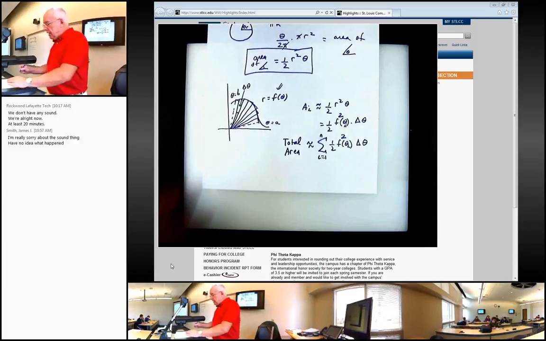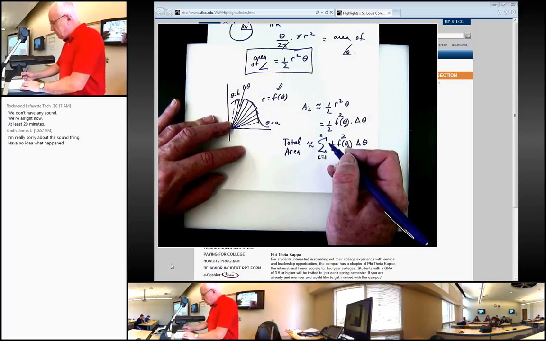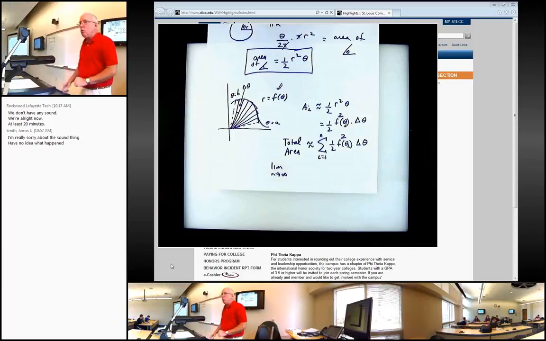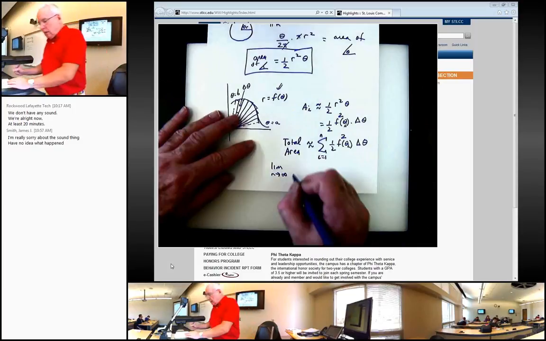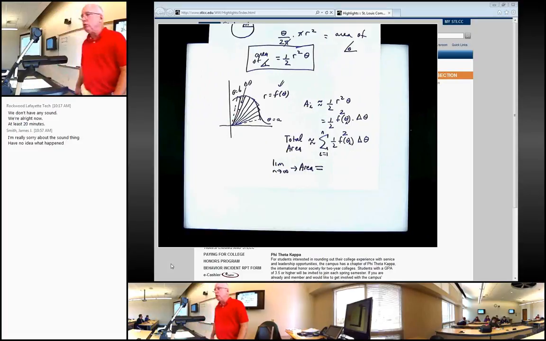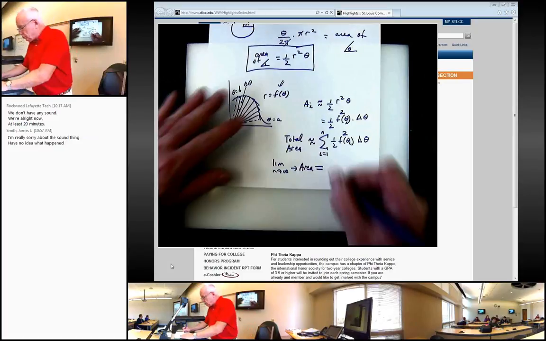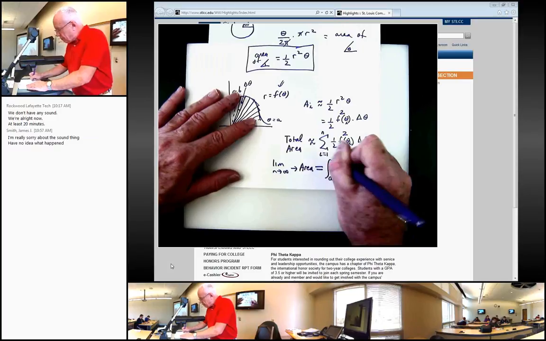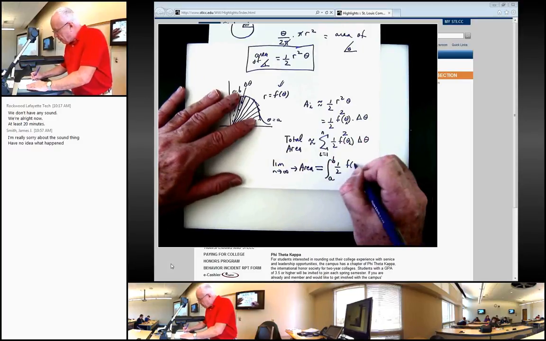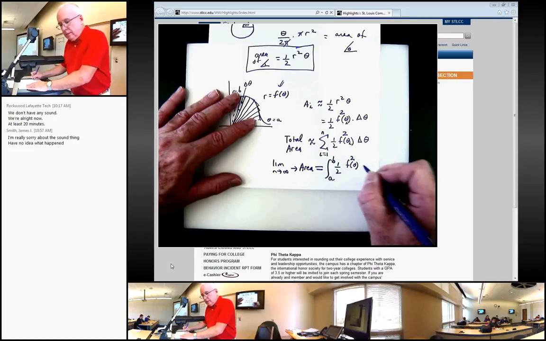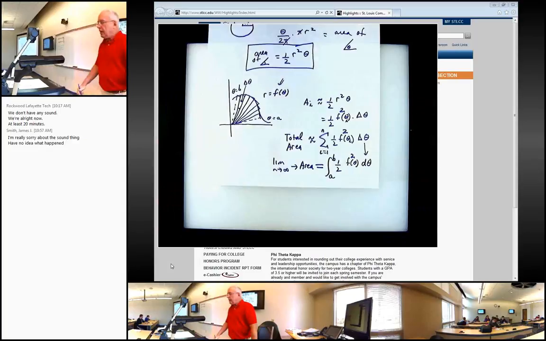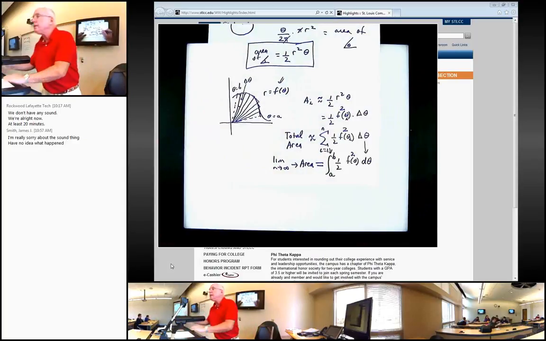And then when we make more and more of these wedges, so the limit as n goes to infinity, this will give us that the area is now equal to, not approximately, but equal to the integral from a to b of 1/2 f of theta squared d theta. I replace the delta theta with the d theta, and I replace the summation with the integral sign.